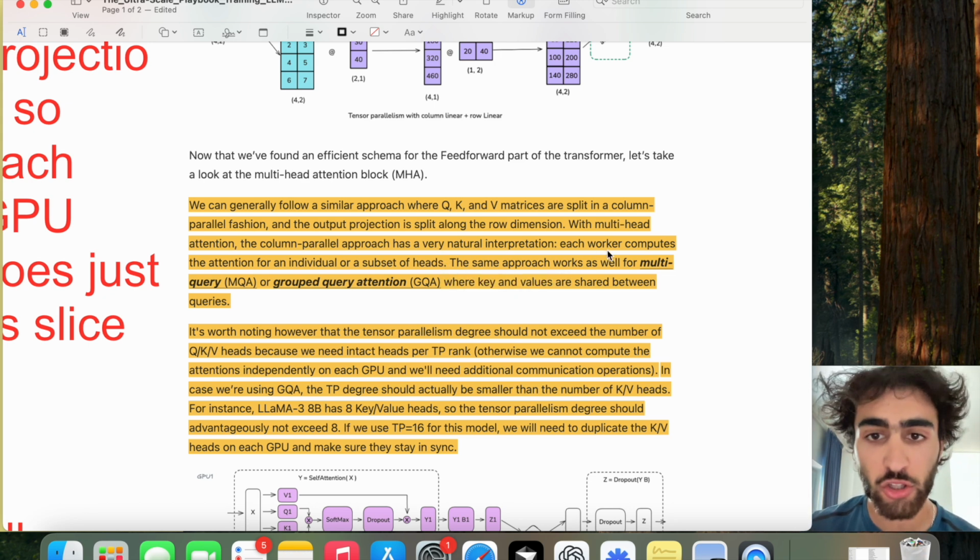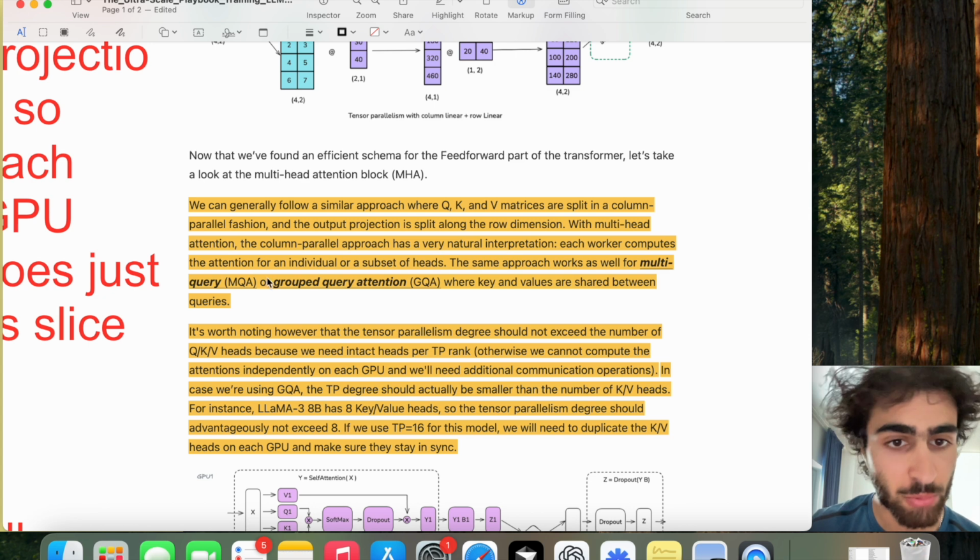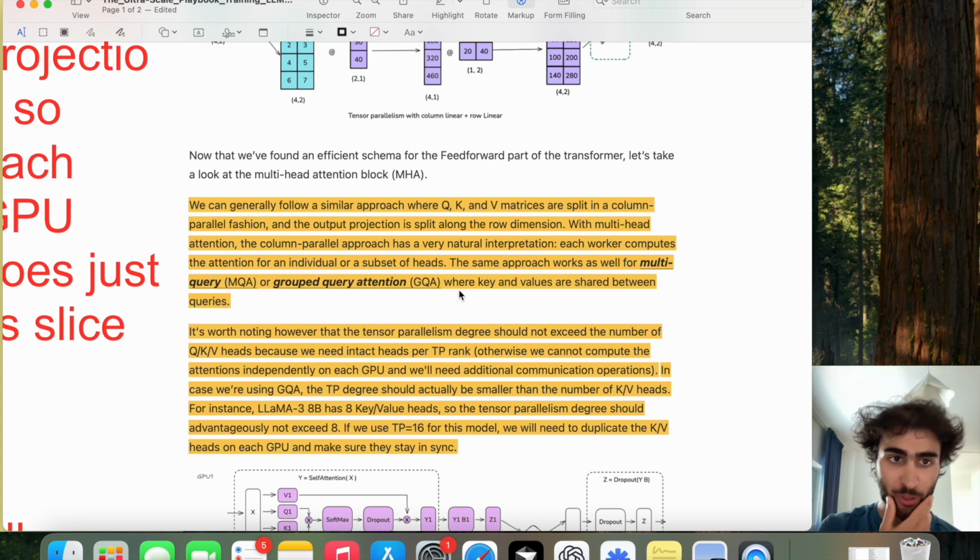The same approach also works for multi-query and grouped query attention, where keys and values are shared between queries. However, the tensor parallelism degree should not exceed the number of QKV heads because we need intact heads per device. Otherwise, we cannot compute the attention heads independently on each GPU, and we'll need to have extra communication. So for grouped query attention, each query matrix corresponds to a group of keys and values.